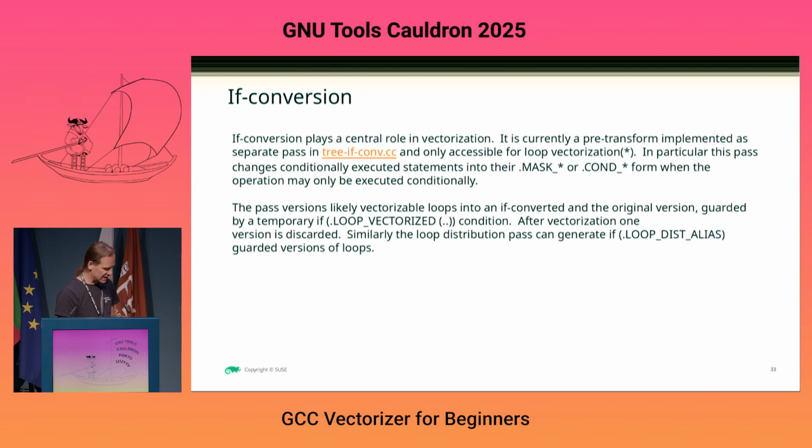Then, as I already said, the if conversion plays quite an important role to handle conditional code in loops, and it will emit masked or internal function calls into the scalar instruction stream, which means we can't really use that Gimple IL when it's not later turned into vector operations.